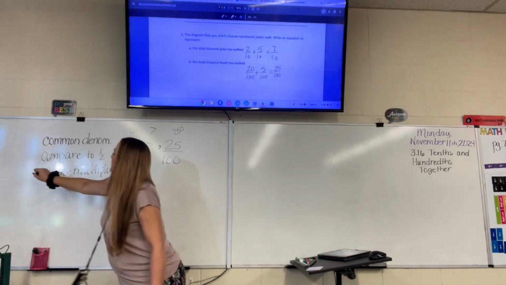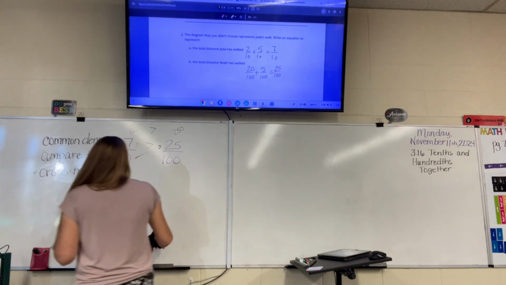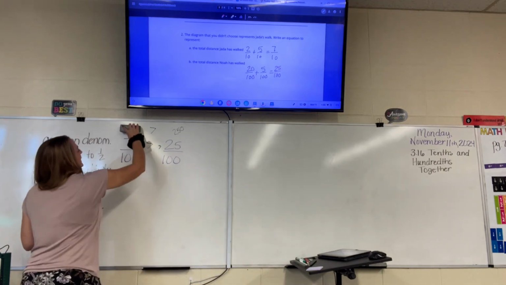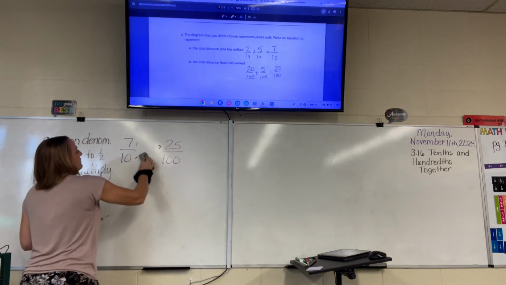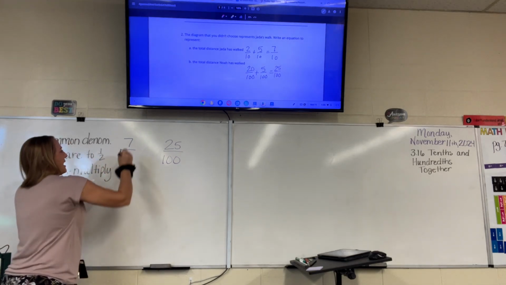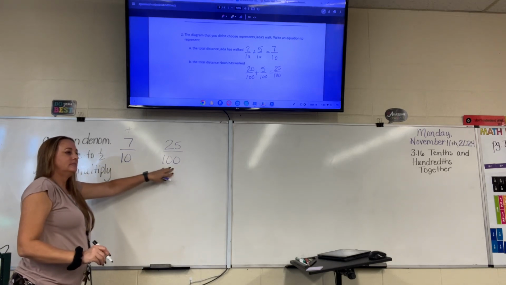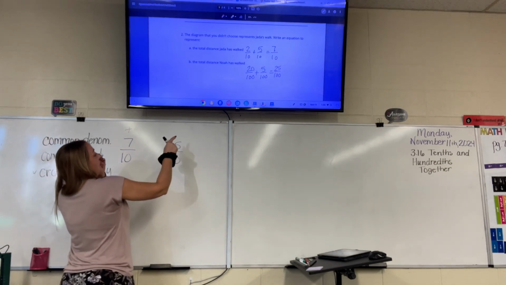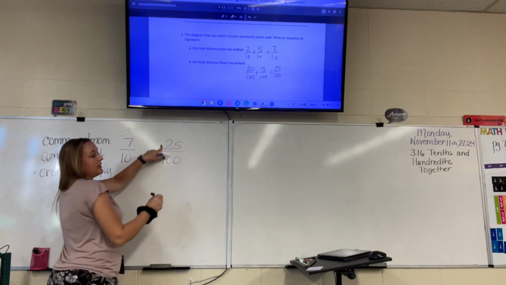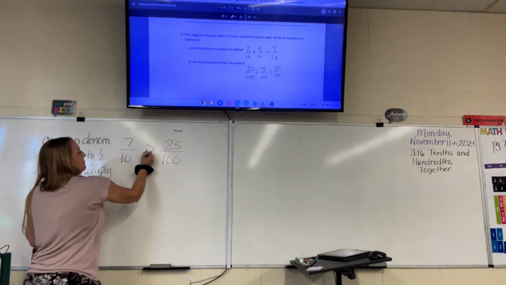So we've cross multiplied. What if we compared each of them to 1/2? What is half of 10, everybody? 5. And if you have 7, then you have more than half. What's half of 100? 50. And so if you have 25, you have less. So that would be bigger.